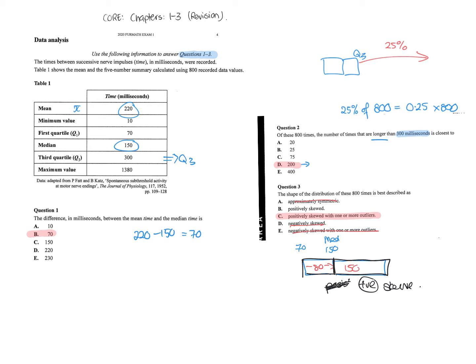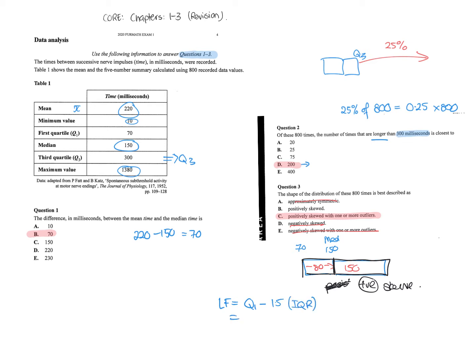So what we want to do is look at the maximum and minimum values. We can find the upper and lower fence, and if there's an outlier, that maximum or minimum will be an outlier. So the lower fence equals Q1 minus 1.5 times the interquartile range.